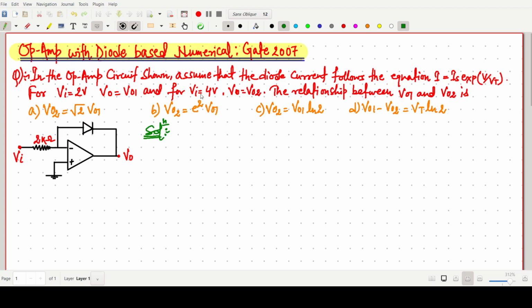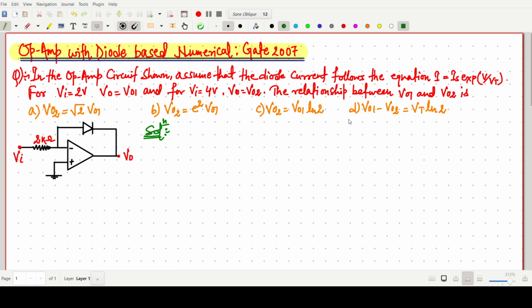For given Vi 2 volt, the output voltage is V01, and for input voltage Vi 4 volt, the output voltage is V02. So we have to find the relationship between V01 and V02.